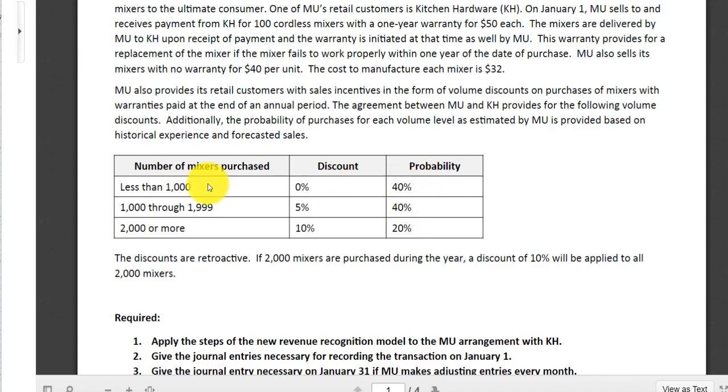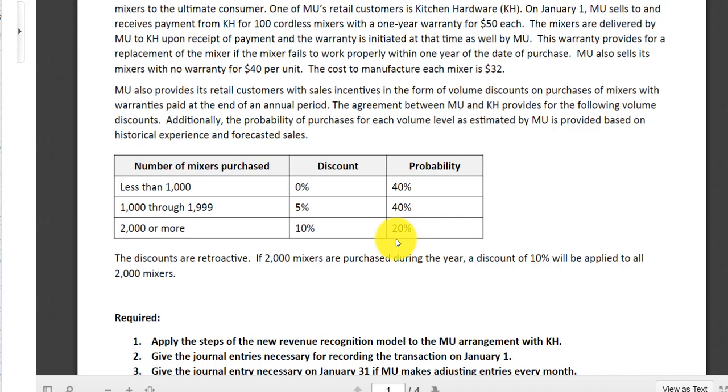In this case, we determined that the probability that they will buy less than 1,000 and get 0 discount is 40%. That they'll buy 1,000 to 2,000 and get a 5% discount is 40%. And 2,000 or more and get a 10% discount is only 20%. The discount applies to all, it's retroactive, so if you reach the level of 2,000, you'll get a refund of the earlier purchases.